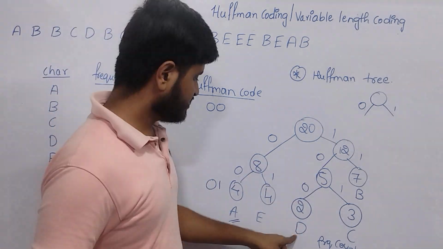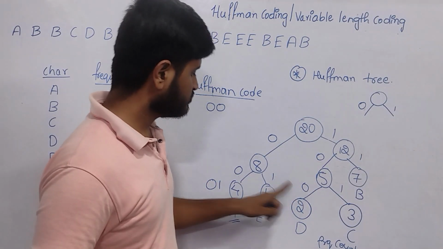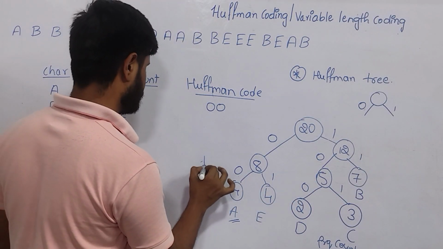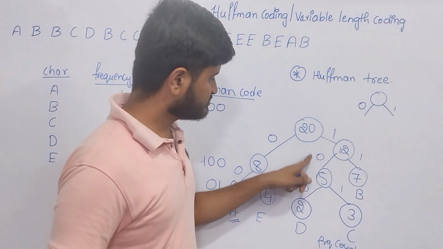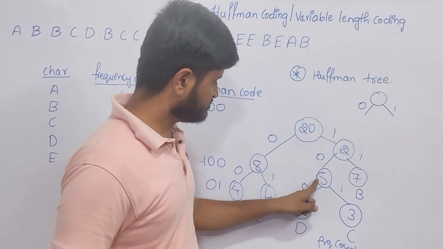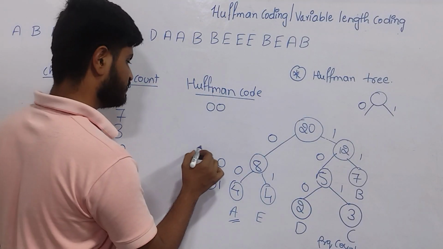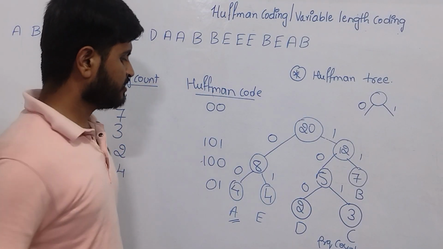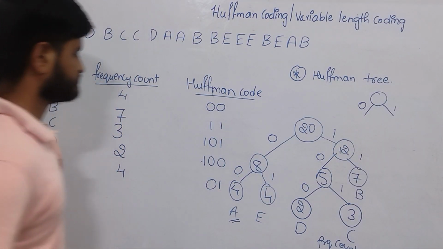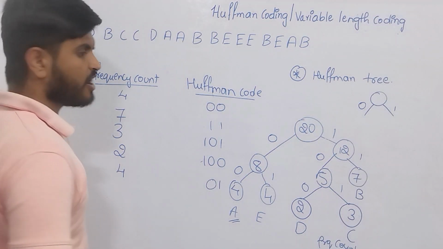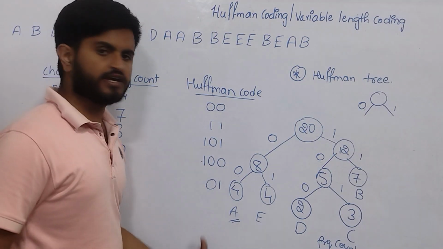Next for D, it will be 1, 0, 0. Next for C, it is 1, 0, 1. Now let's write for B, 1, 1. Now we wrote the Huffman coding for each and every character.